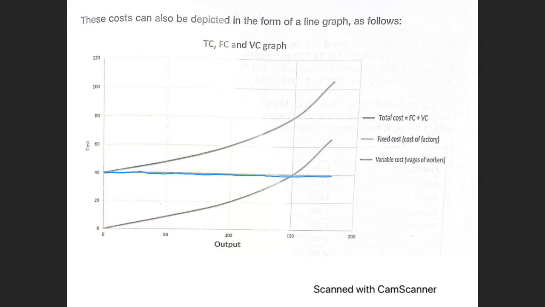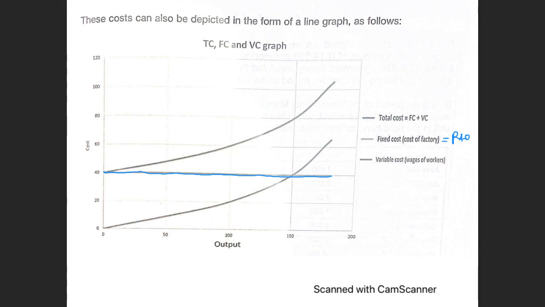So the fixed cost in this case is 40 Rand. I'm just going to write it next to it here. I'm assuming it's in rands, so it's 40 Rand and not 40,000 and so on. So we'll just say that it's 40 here for your fixed cost.